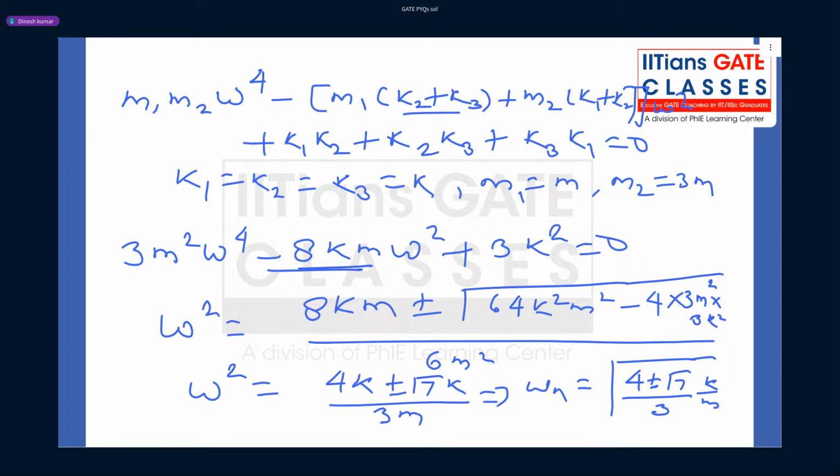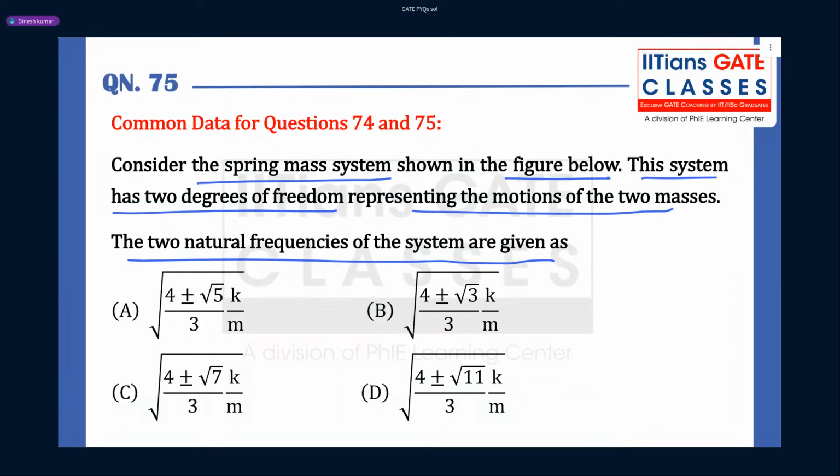Is it correct? Yes or no, guys? Please check whether this solution is correct or not. So what will be the answer among these?